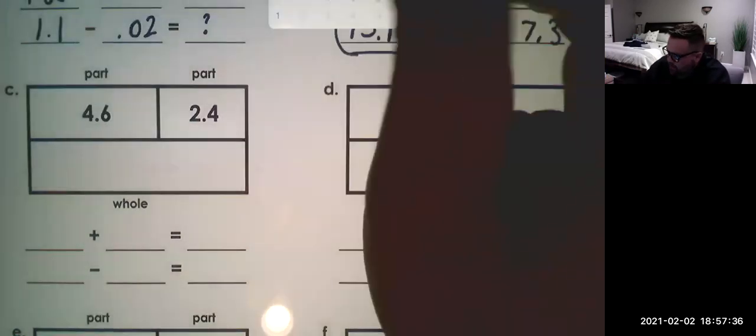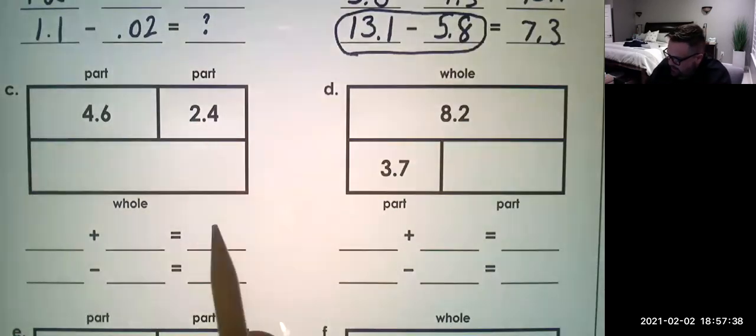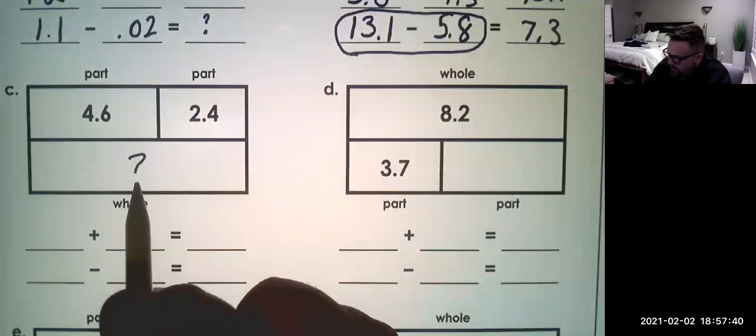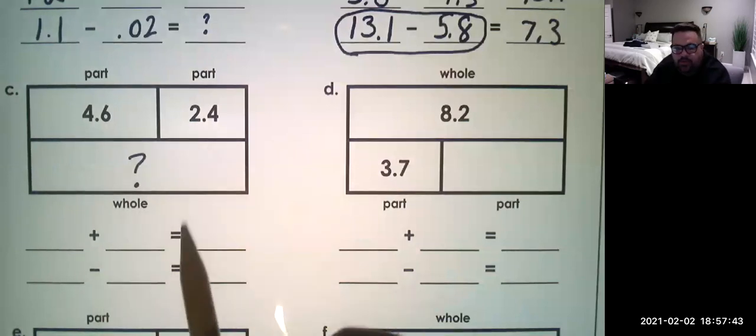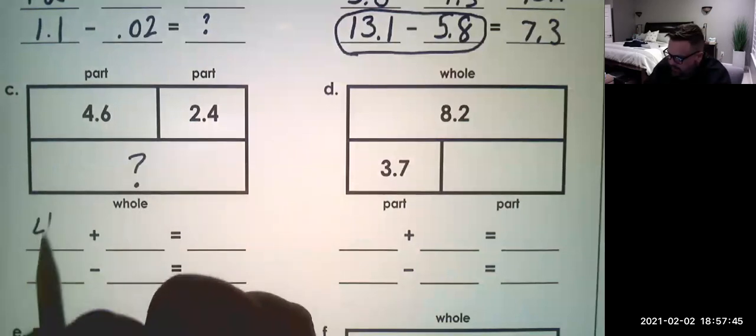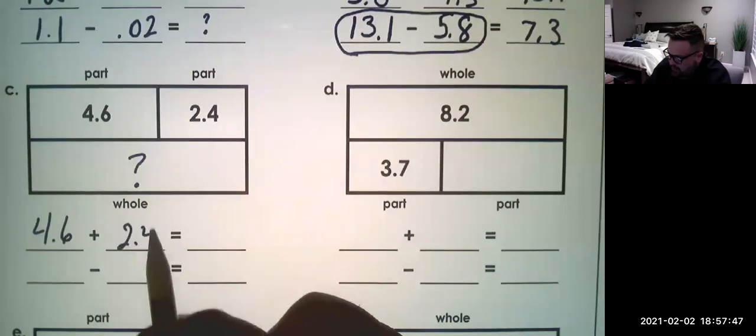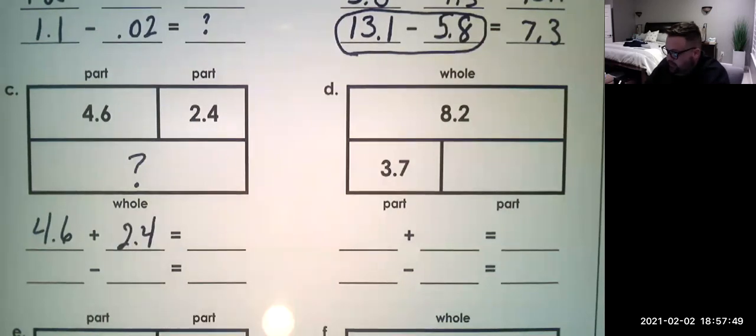Okay, so for part C, we're trying to find the whole, right? We have the two parts. So don't you just take the two parts and put them together? Wouldn't that be the easiest way? And you would get 7. Now, down here, remember, we wouldn't know the whole that we start with.